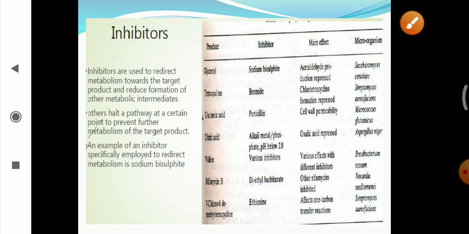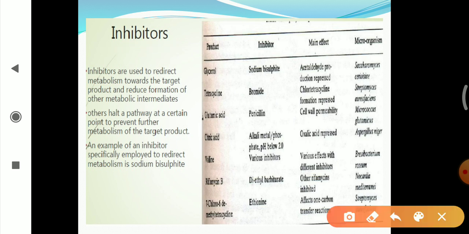Now we will move to inhibitors. The main work of an inhibitor is to increase the desirable product and decrease the undesirable product. The best studied example is tetracycline.